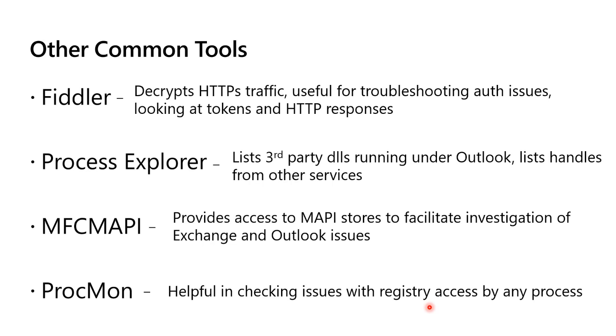So this is something that we do not use in the beginning of troubleshooting, but we use this at a later stage of troubleshooting. So all these other common tools that we discussed now are recommended to use when we have a support representative working.